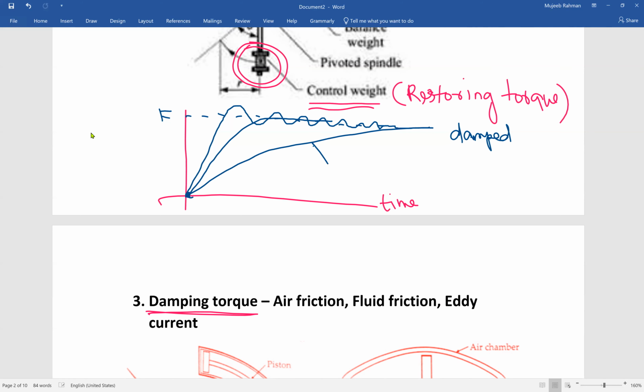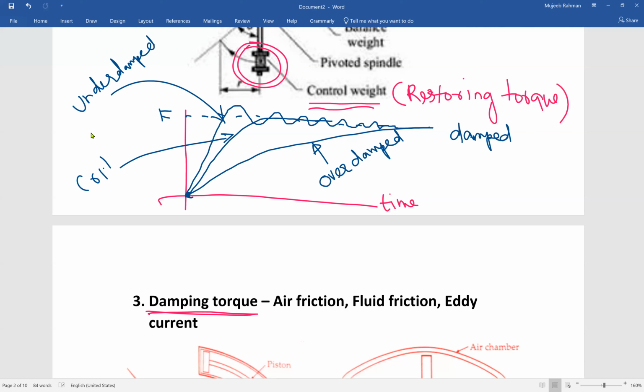This happens normally if the system is over damped, and this type of response we call an over damped system. This one is called an under damped system, and this particular system is called critically damped. The middle one is called critically damped.